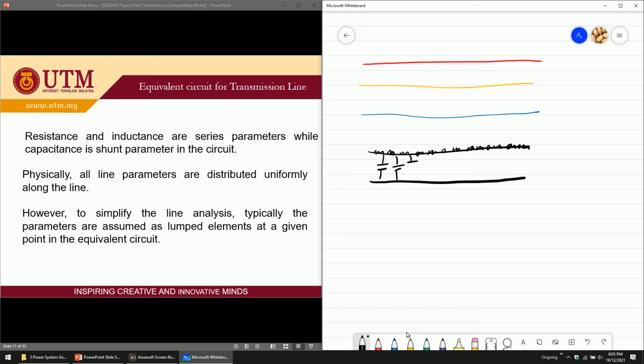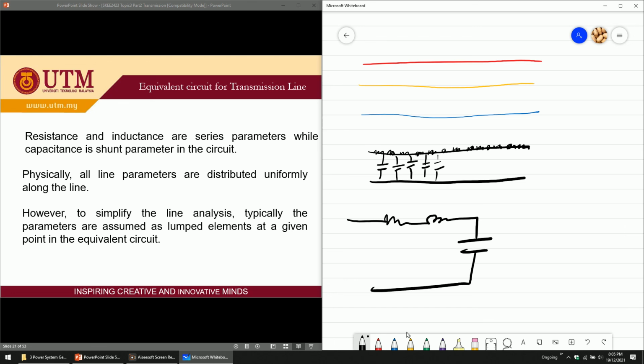But this is hard to calculate, because you have to combine many components. So to simplify the analysis, we simplify it into something like this.